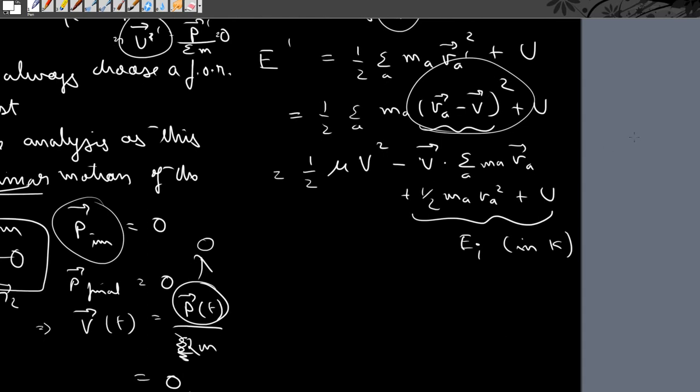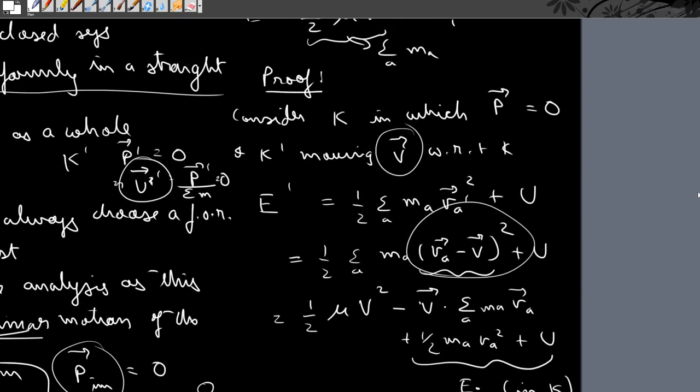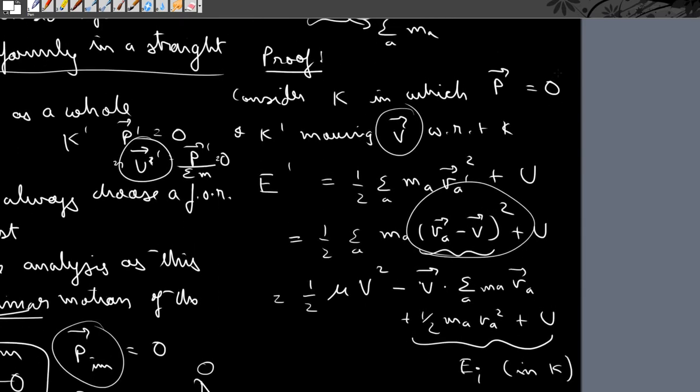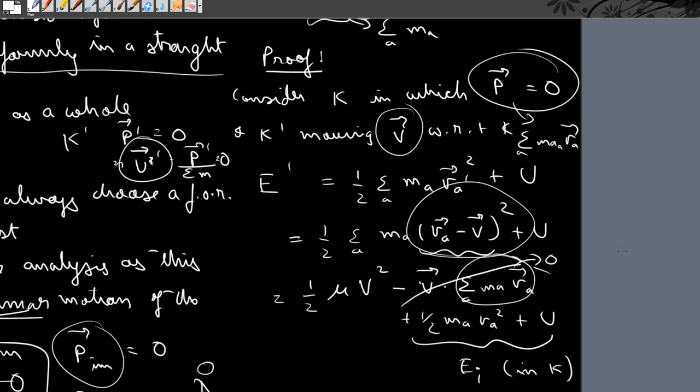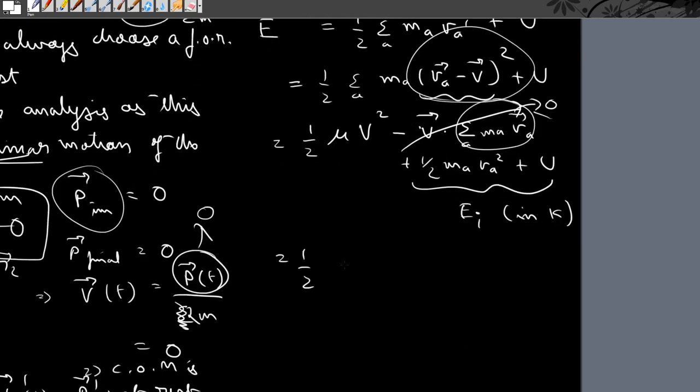And since the total momentum with respect to the frame of reference K is 0, and this total momentum is nothing but summation m_a v_a, which is what we have here, this term goes to 0, which means this entire term goes to 0, and we are left with half mu v squared plus E internal.